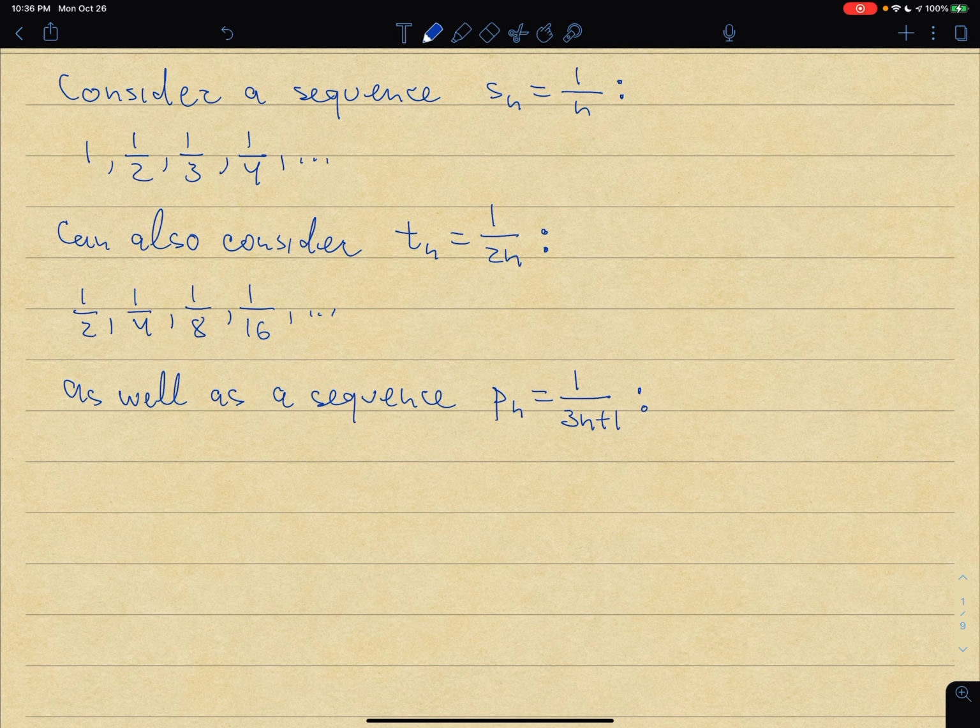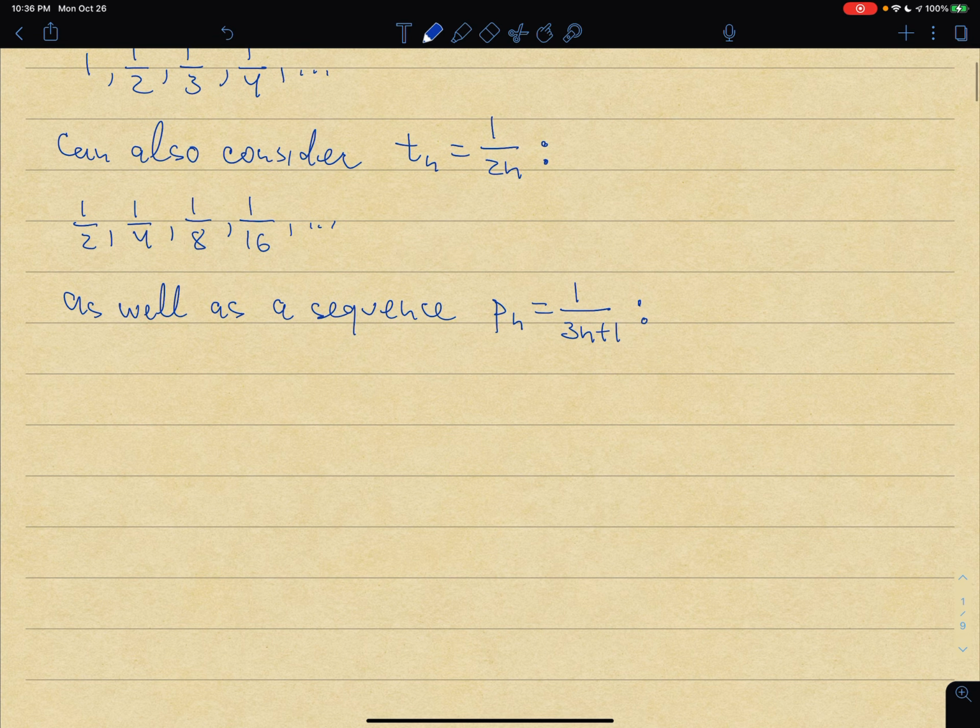Again, if we list that sequence now, when n is equal to 1, you're going to get 1/4. For n equal to 2, it would be 1/7. N equal to 3, 1/10, and maybe one more. For n equal to 4, 1/13, and again, and so on.